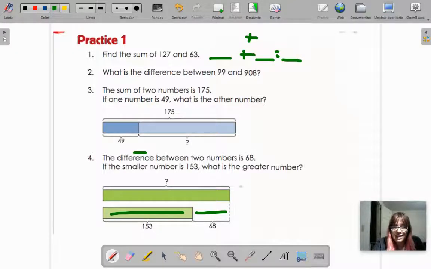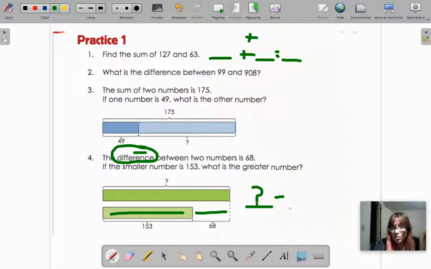Why? Because it's like this one. They tell you that the difference between two numbers is 68. Okay, that means we don't know the big number. In a difference, we need to start with the big number, but we don't know it. So we take away, okay, 68 or 153. What do you think we have to take away, 68 or 153? It's kind of like the one we did at the top.